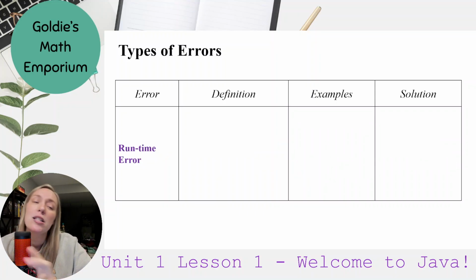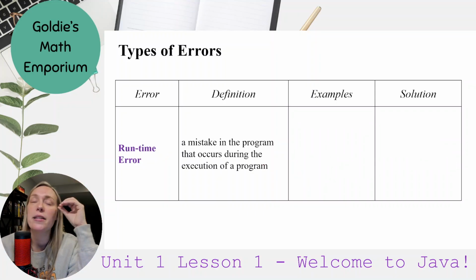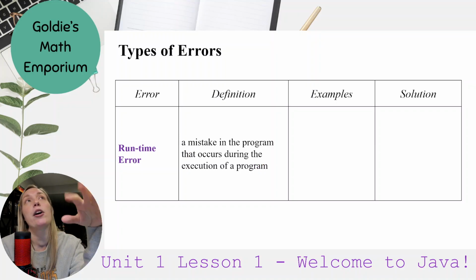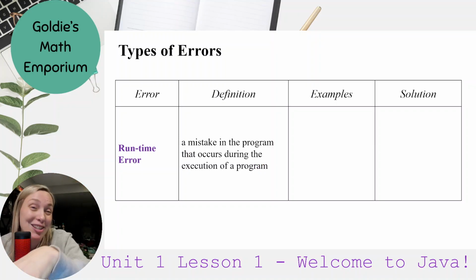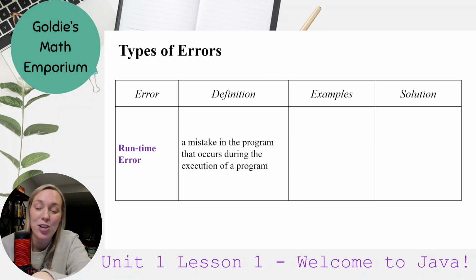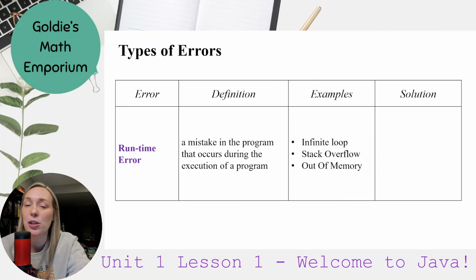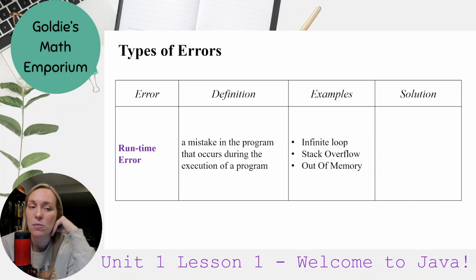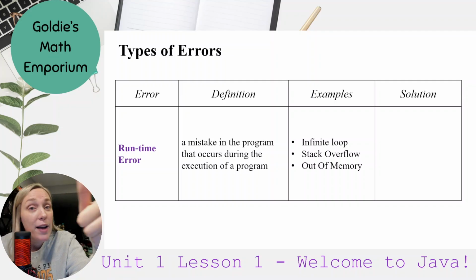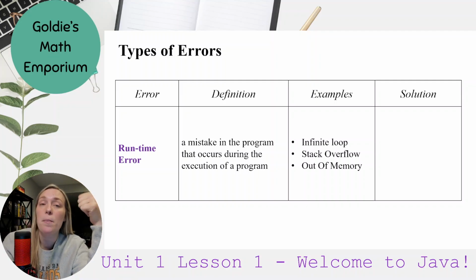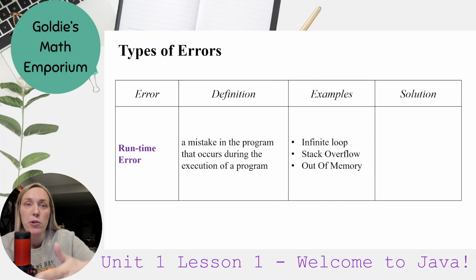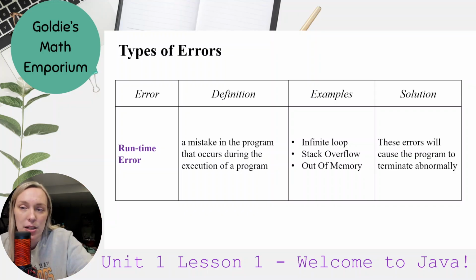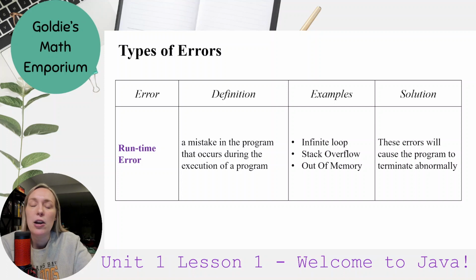Okay. The next is what's called a runtime error. And this is a mistake in the program where something happens during the execution that causes your program to crash in some way. An infinite loop, a stack overflow, out of memory in some way. Your program compiles fine, so all the syntax is followed, but during the running of your program, something happens and it causes it to crash. These errors cause the program to end abnormally.